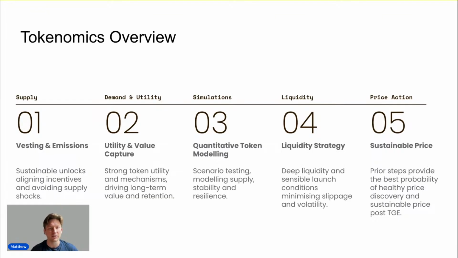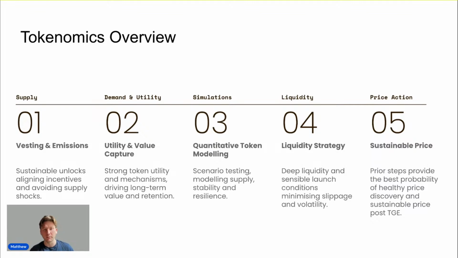So having done these first two somewhat qualitative and somewhat quantitative steps, ideally we would then step into a more quantitative token modeling scenario where we run simulations for different variables and really go into the detail of scenario planning, testing, and analysis to understand what the key levers are that influence here.